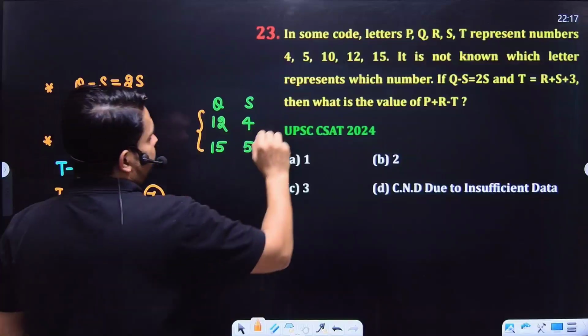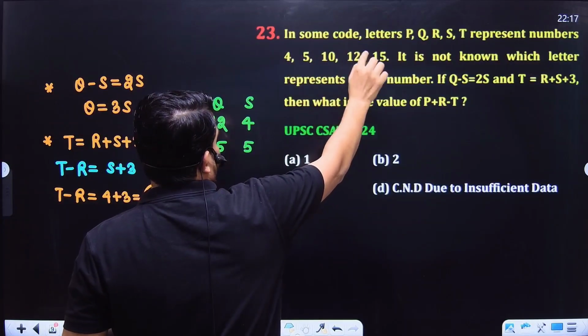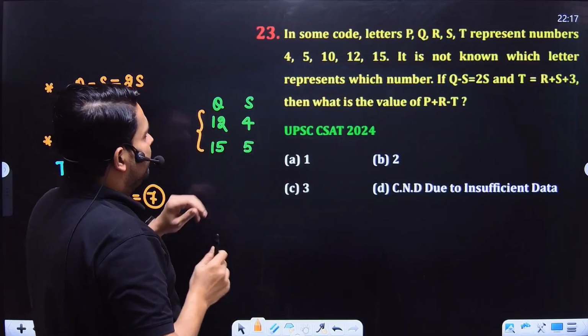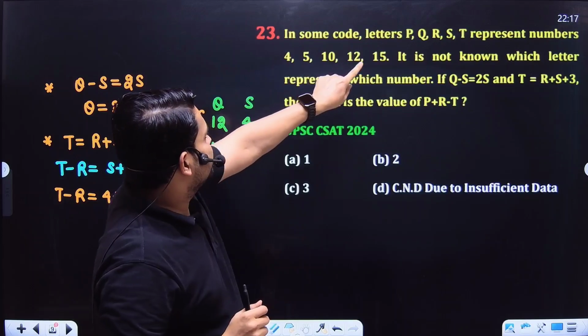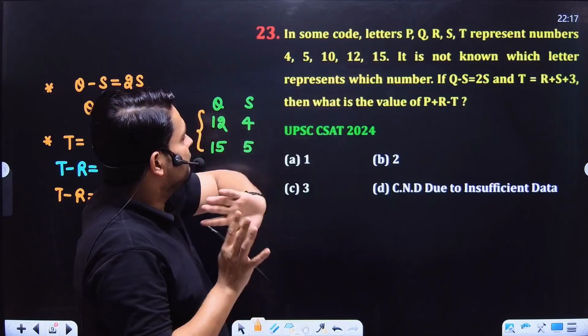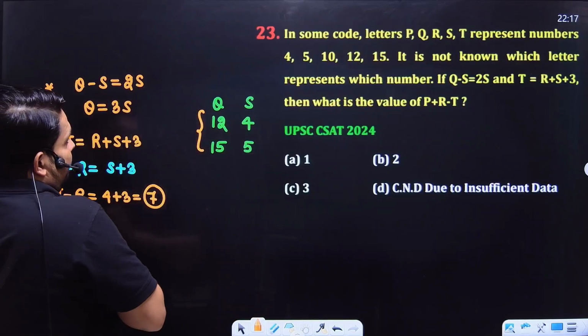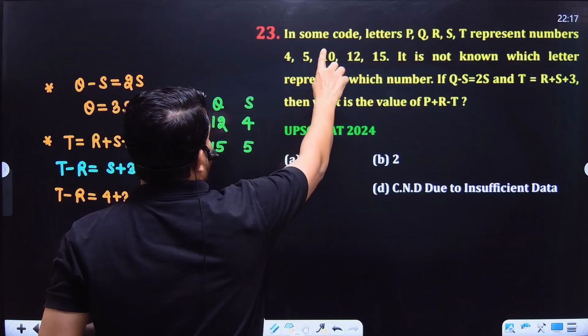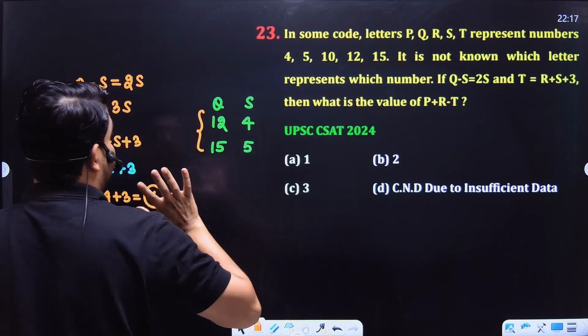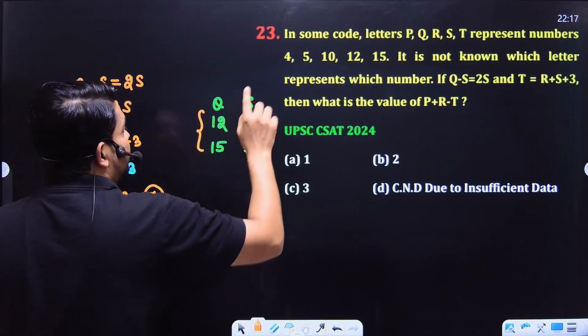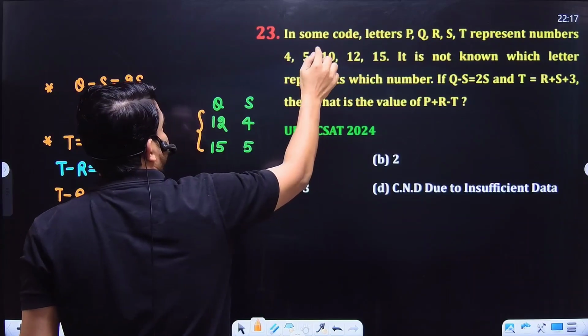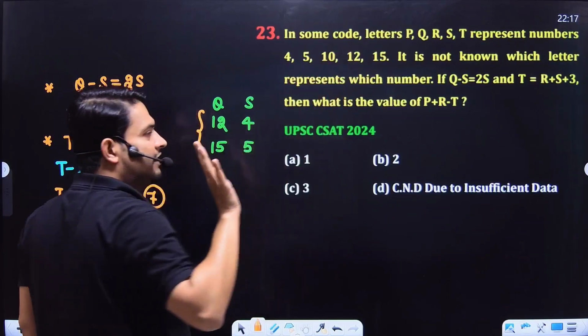See, if you subtract 4 from 15, you will get 11. If you subtract 5 from 15, what will you get? You will get 10. If you subtract 5 from 12, then you will get 7.